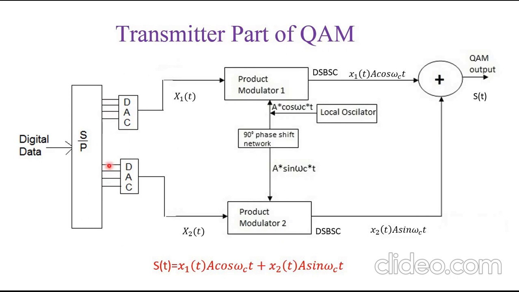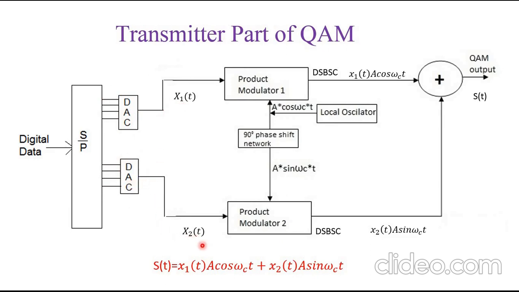After serial to parallel conversion, there will be a digital to analog converter, and that is what we give as X1(t) and X2(t).